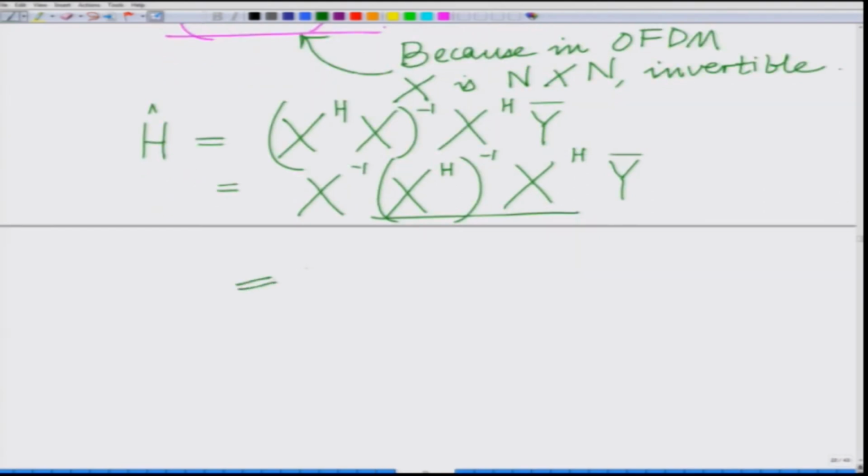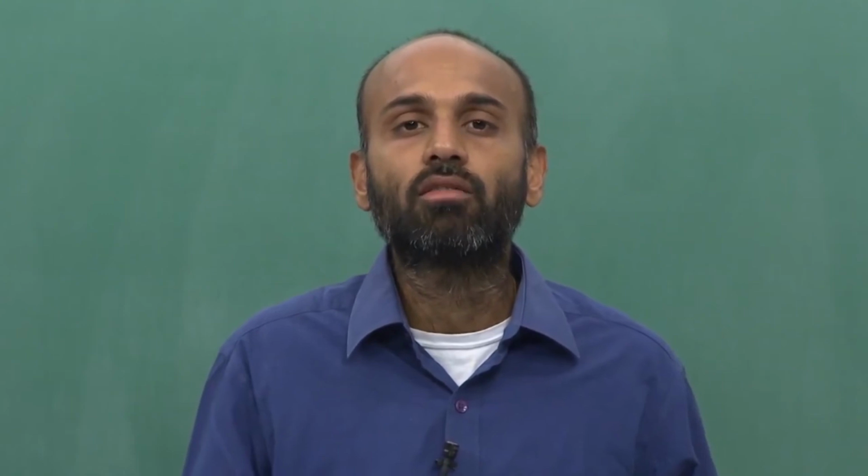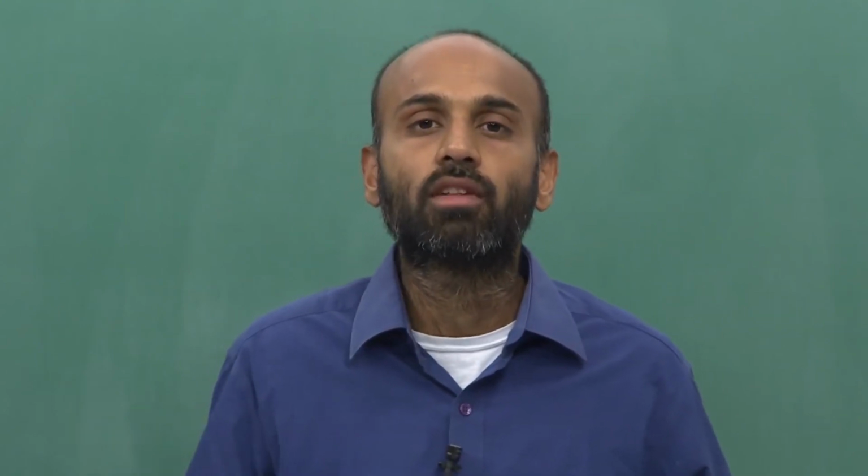So this is, very interestingly, simply X inverse Y bar, where X is your pilot matrix. Also, since the pilot matrix is diagonal, X inverse is very easy to compute. It is basically the reciprocal of each of the diagonal elements.